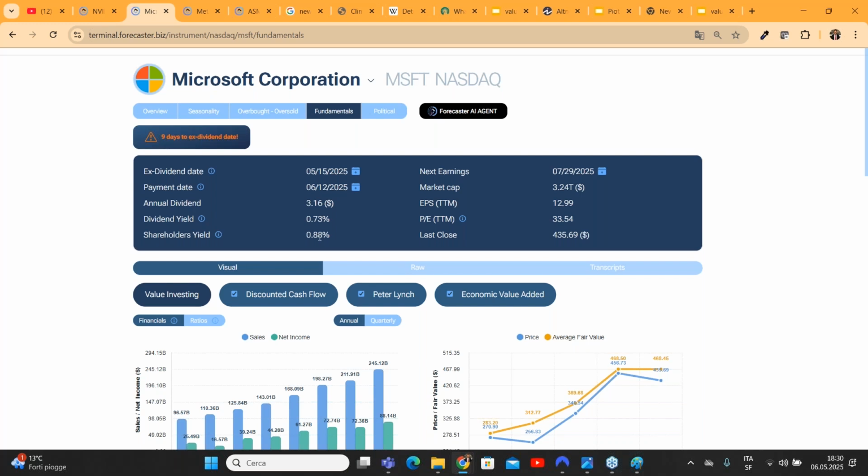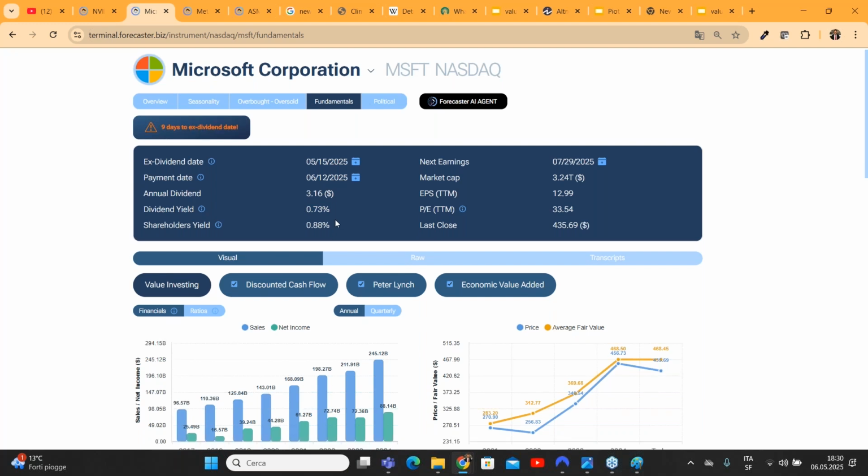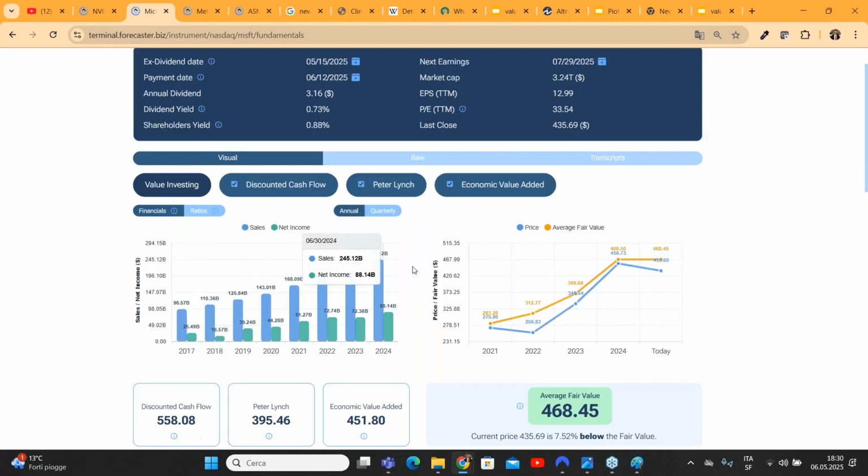Because if you have a shareholder yield which is higher than the dividend yield, it means that the dividend you are getting from the company really is coming from good results. If you have a shareholder yield which is lower than the dividend yield, it means that the company is probably taking on debt in order to pay you a dividend.